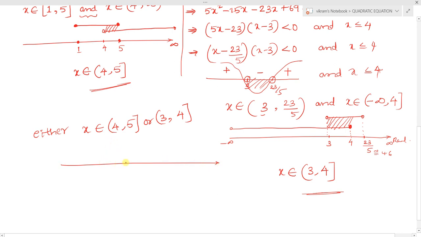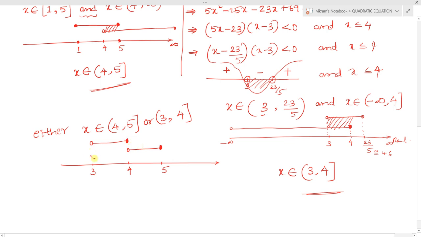So now I represent it here. First, 4 to 5: open at 4 and closed at 5, closed is represented with a dot. Next, 3 to 4: 3 is open and 4 is closed.